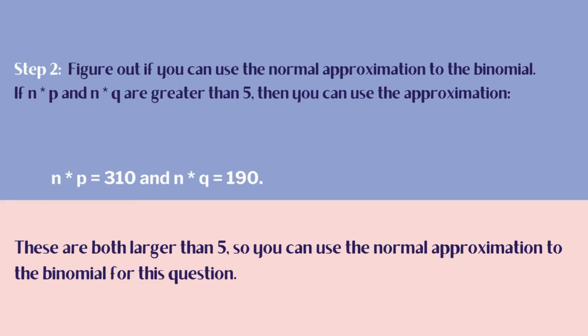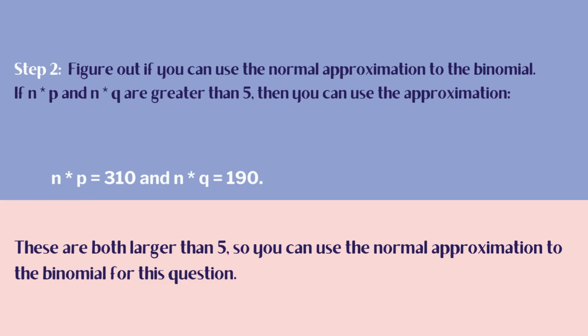Step 2. Figure out if you can use the normal approximation to the binomial. If n multiplied by p and n multiplied by q are greater than 5, then you can use the approximation. n multiplied by p equals 310 and n multiplied by q equals 190.